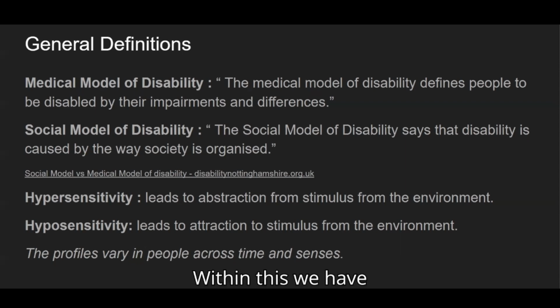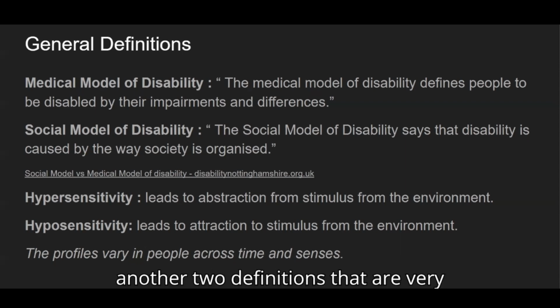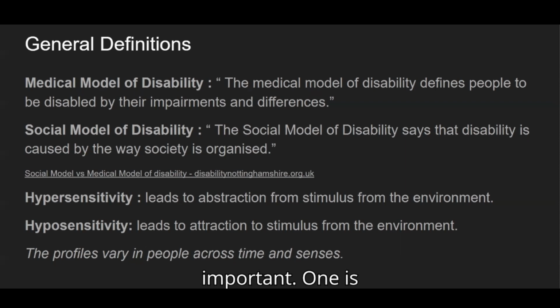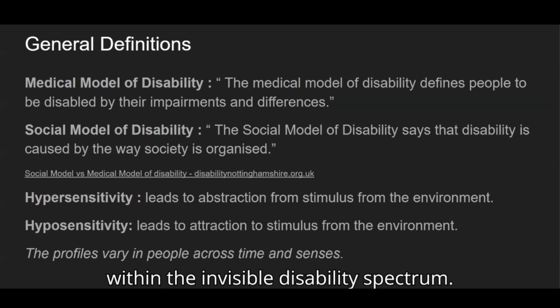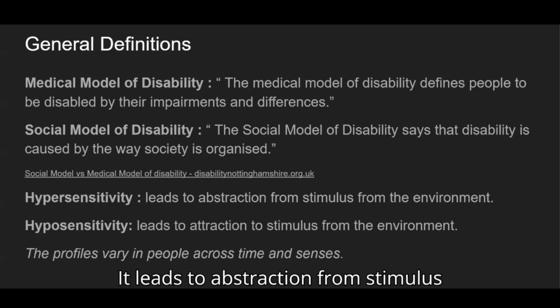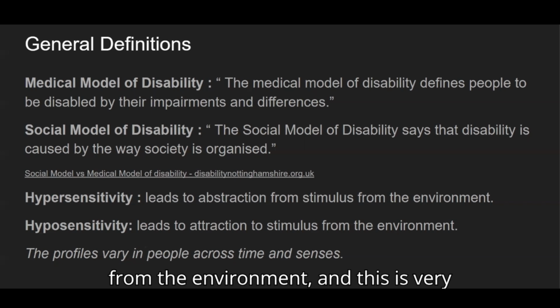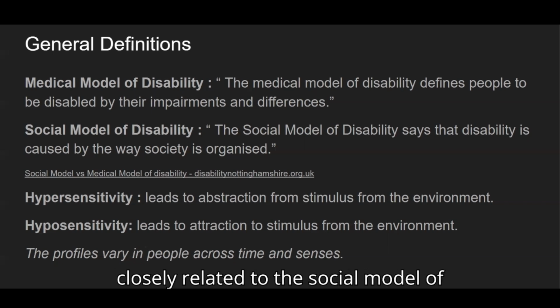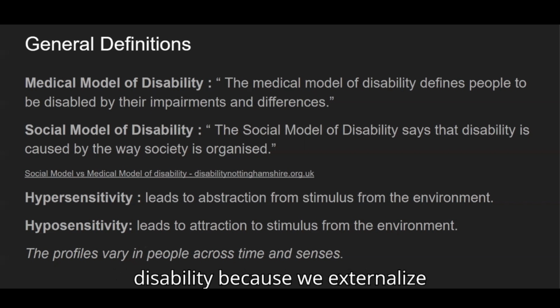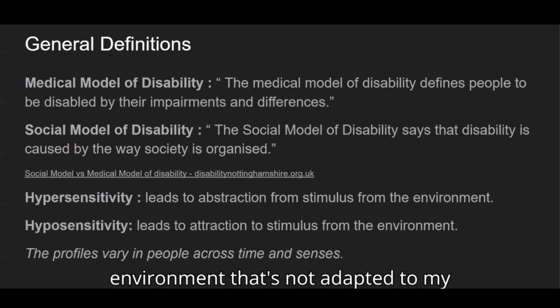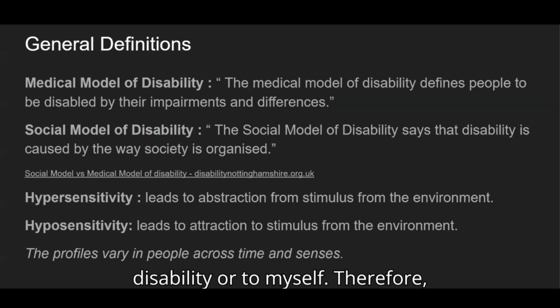Within this, we have another two definitions that are very important. One is hypersensitivity, which, within the invisible disability spectrum, leads to abstraction from stimulus from the environment. And this is very closely related to the social model of disability because we externalize disability and we say it's the environment that's not adapted to my disability or to myself.